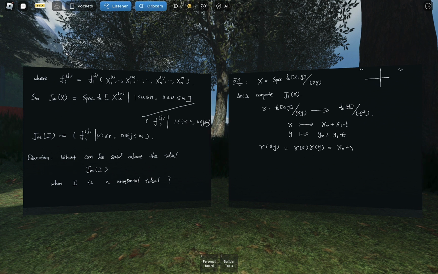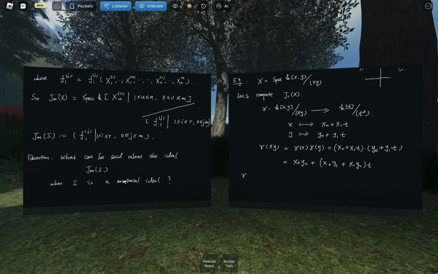This will be x0 plus x1 t times y0 plus y1 t. Now we collect terms. For the constant term, we'll get this. For the degree 1 term, we will have x0 times y1 plus x1 times y0, times t. And the higher order terms just vanish in this ring.